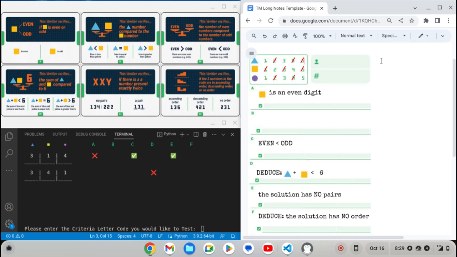And so now, can we somehow deduce, let's see, can we deduce that square should be 2?